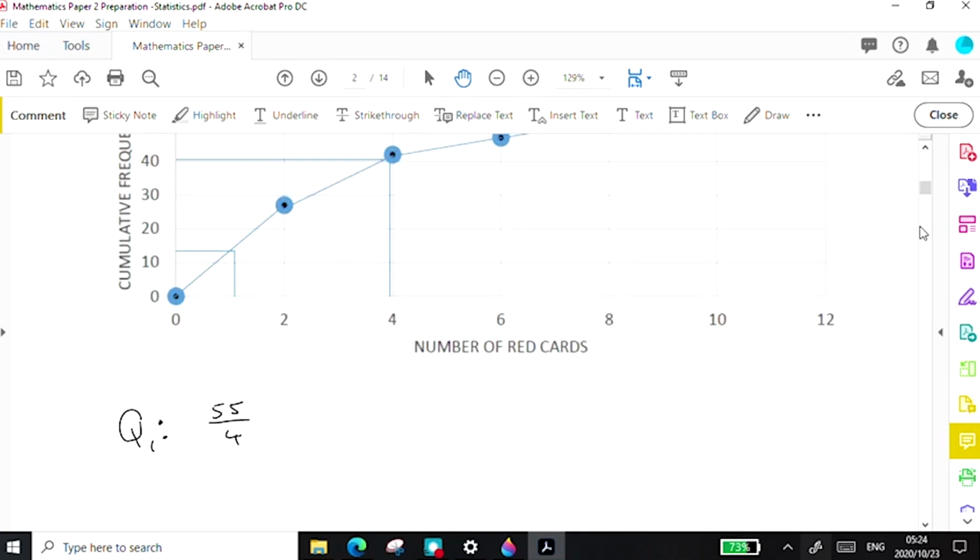We multiply by a quarter, and simplifying, we have 55 divided by 4, which is 13.75. What this means is that the first quartile is approximately in the 14th position.